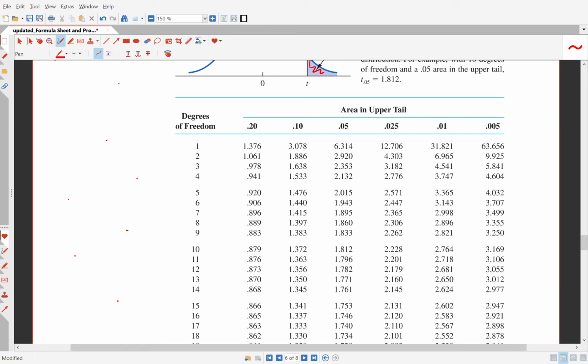Okay, so let's do part A. Question number 12. It says find the t values for each of the following cases.